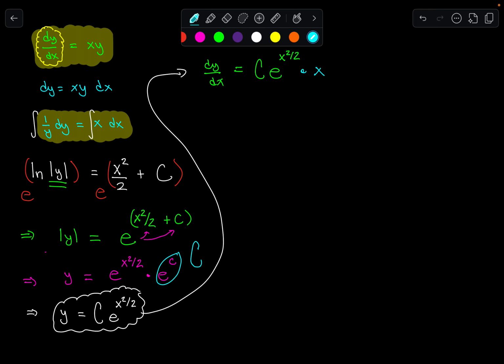And we're going to notice also that this chunk here, the c e to the x squared over 2, lucky for us, is our proposed solution for y. And so we do fit the solution that the derivative is equal to x multiplied by y. There's our x, there's our y, and so it checks out.